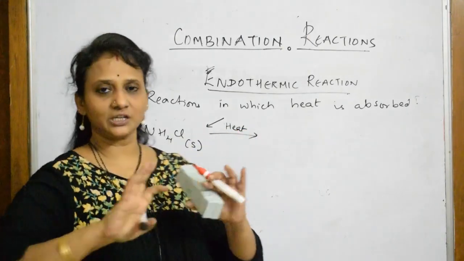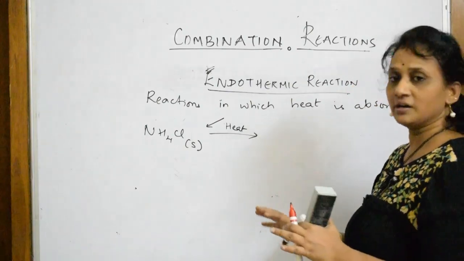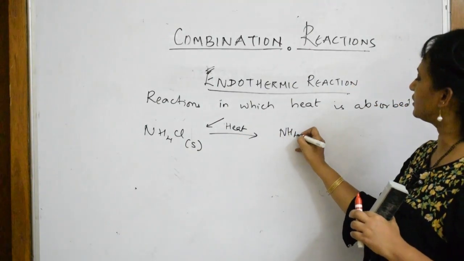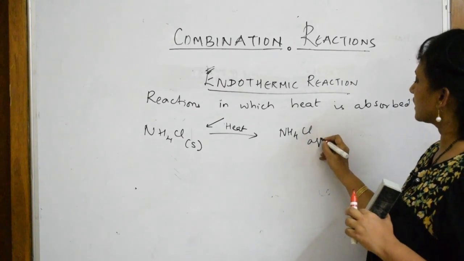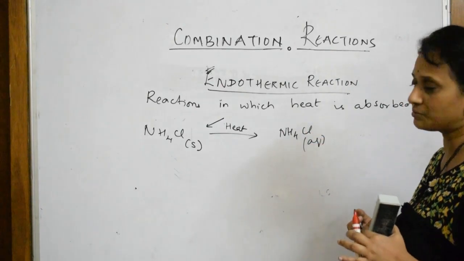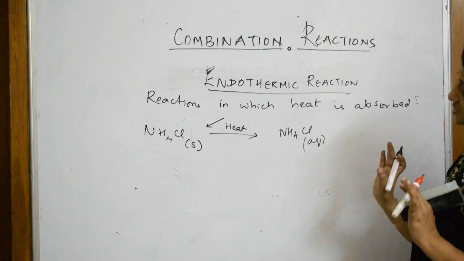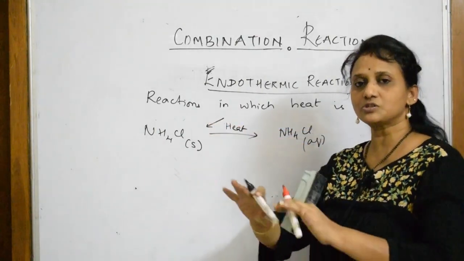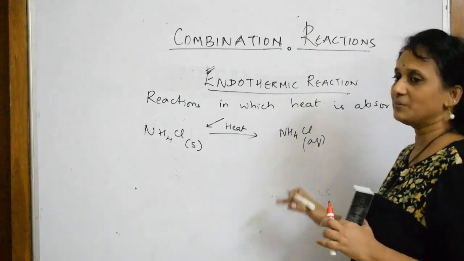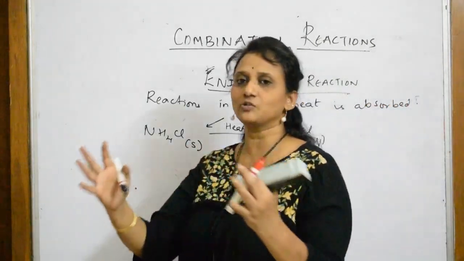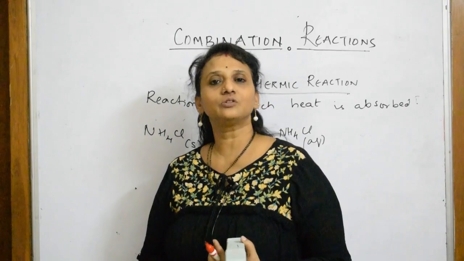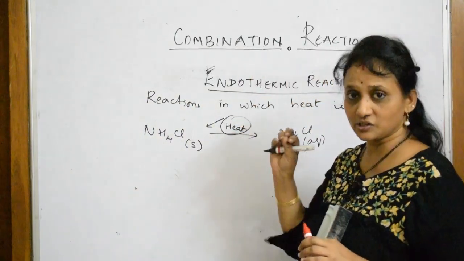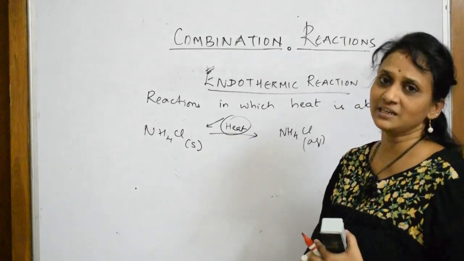When it absorbs, the bonds are broken, and the ammonium chloride gets converted into its aqueous form, the liquid form. I am supplying energy to break the bonds of the solid, and finally forming the aqueous form, which means the ions are released, ammonium ion and chloride ion. So isn't it an endothermic reaction? It is absorbing heat.